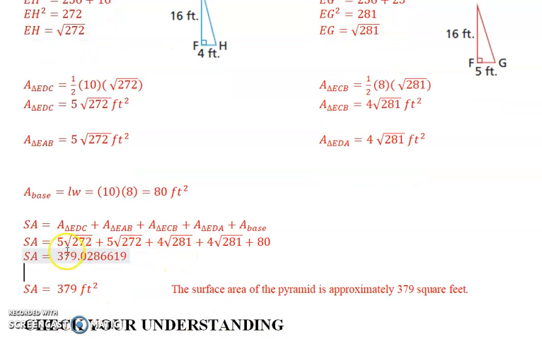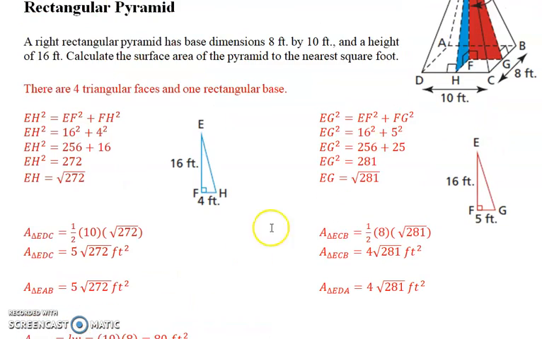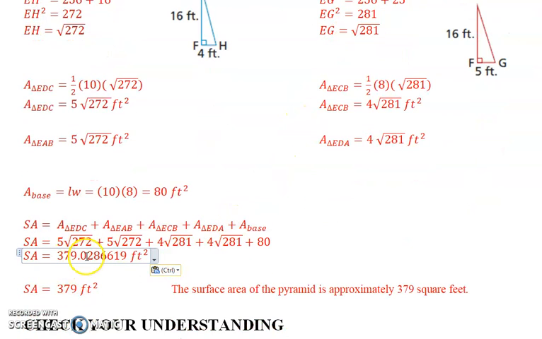When I add those all together, my calculator gives me back, once you've added up the 4 faces plus the base, so the 5 measurements, which are all feet squared, a surface area of 379.0286619, and if you look up, it says the nearest square foot, so the decimal leaves it at 379.